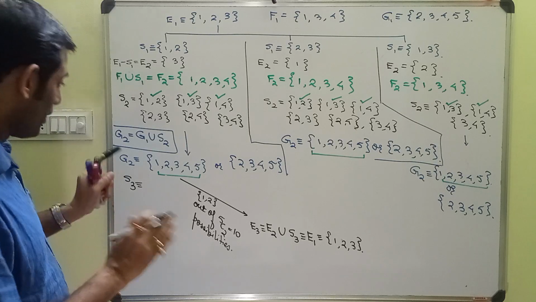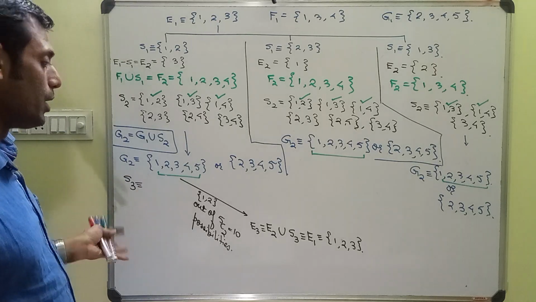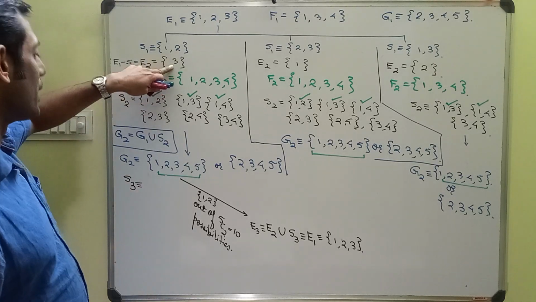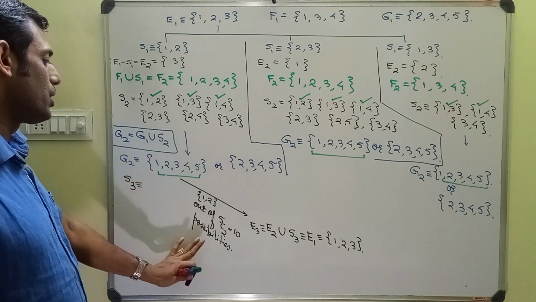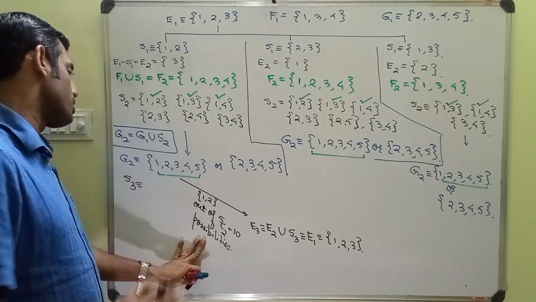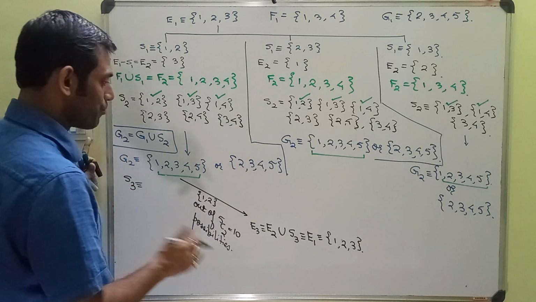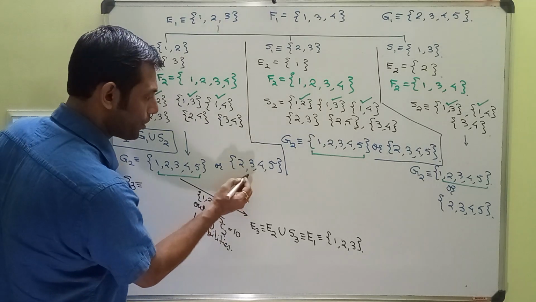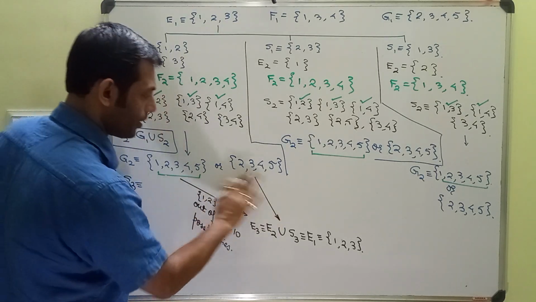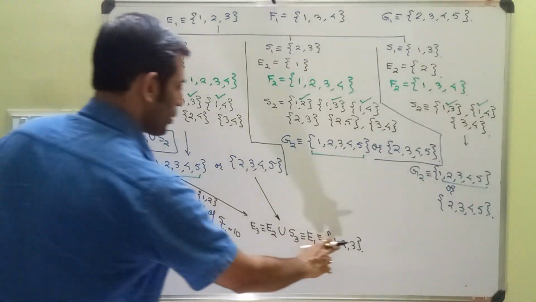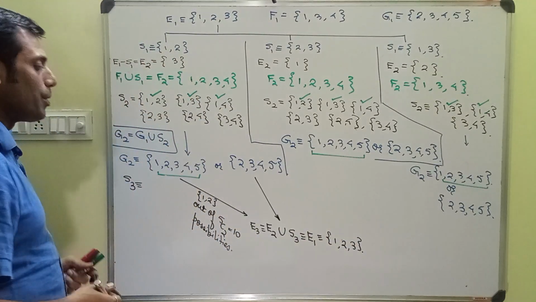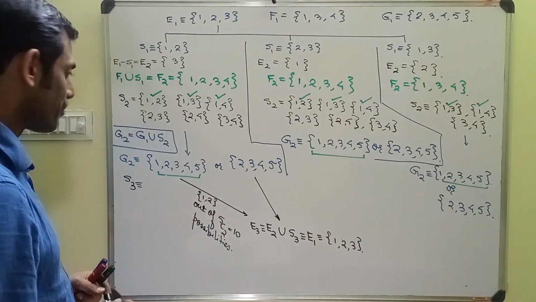Now any other possibility here would not be useful, because I would require along with 3 simply 1, 2, and that is only possible once out of these 10 possibilities. Again, from here I would not really get anything. There is no possibility here to create 1, 2, 3, because there would not be 1 in any of the sets.